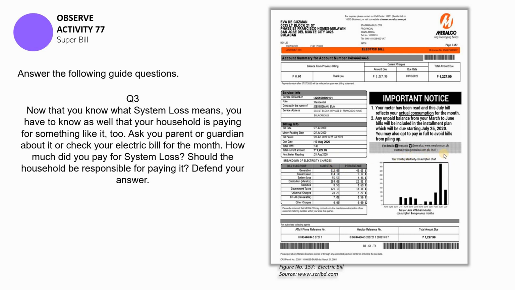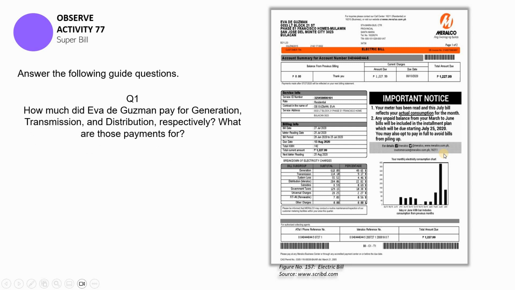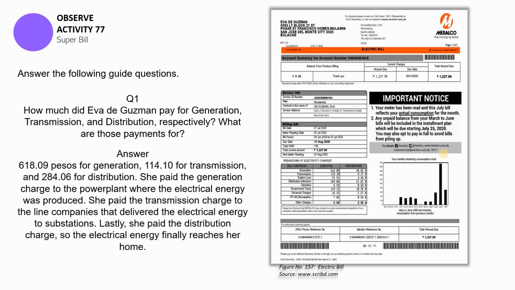Let's now proceed to answering the questions, starting with question number 1. How much did Eva de Guzman pay for generation, transmission, and distribution, respectively? What are those payments for? The correct answer is 618.09 pesos for generation, 114.10 for transmission, and 284.06 for distribution.